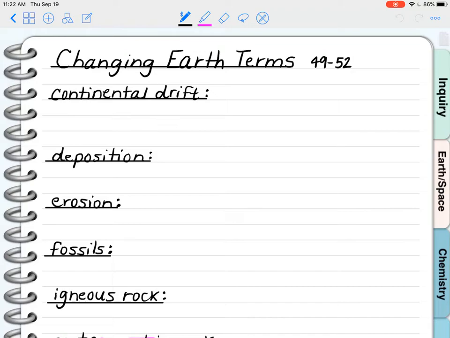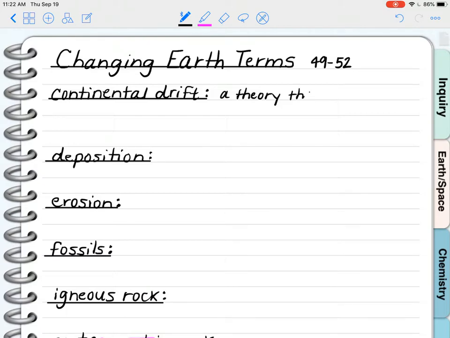Now, this one you may be able to figure out if you know that continents are the large land masses, and drifting means to sort of float or move slowly. So, continental drift is a theory, can't be proven, but it can be supported.